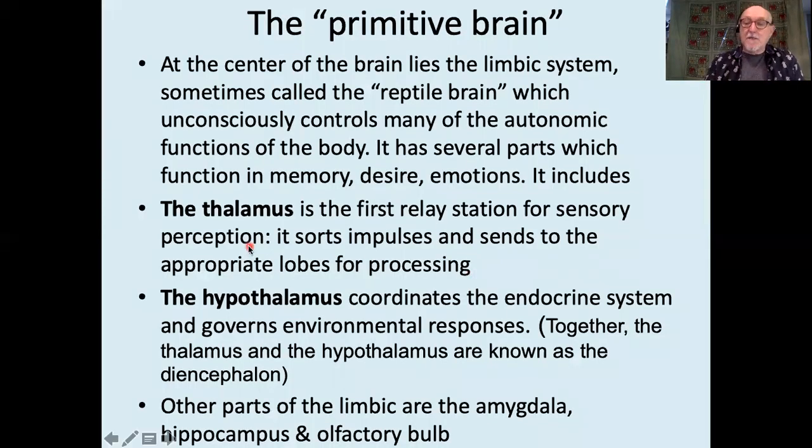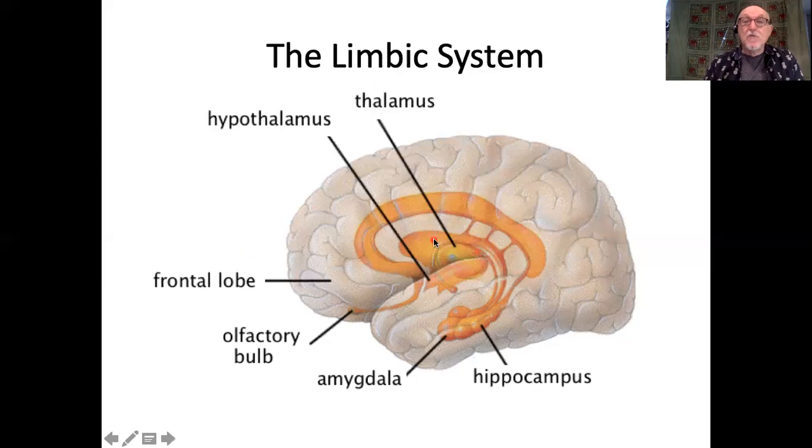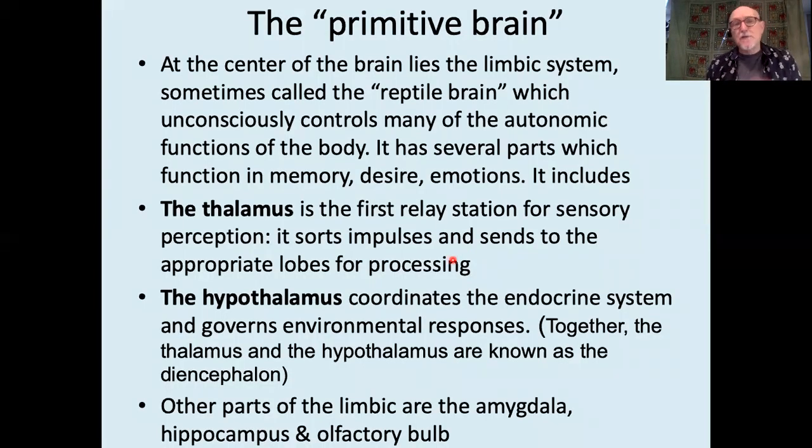So for the parts of the limbic system, I don't need you to know a lot of information about the rest, just some associated with emotions, with drives, that sort of thing. But we must pay attention to the thalamus and the hypothalamus. And I'll explain why. First of all, the thalamus is like a relay station.